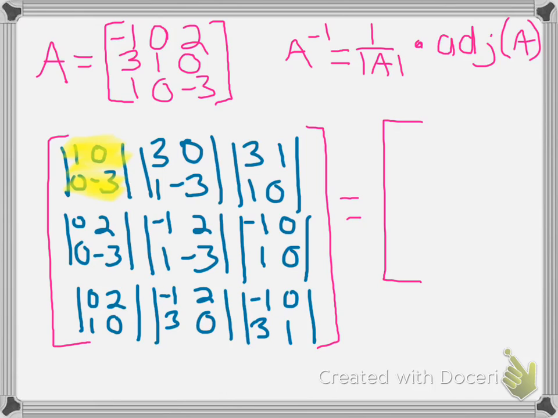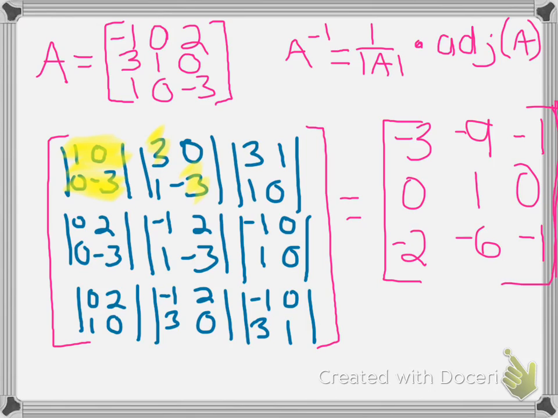So that would be -3. And then this next one is 3 times -3, which is -9, minus 1 times 0, which is 0. So that would be -9. And you continue doing this for each 2x2 matrix.